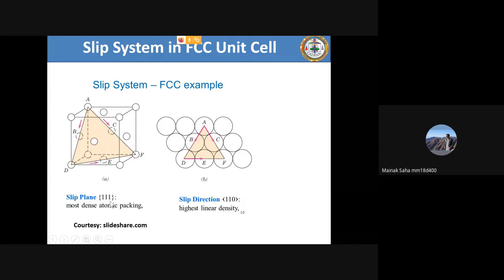So basically, if it is 111, see how. How many planes are you aware of? One plane only, right? The triangle one. But in a cube, how many 111 planes are you aware of?